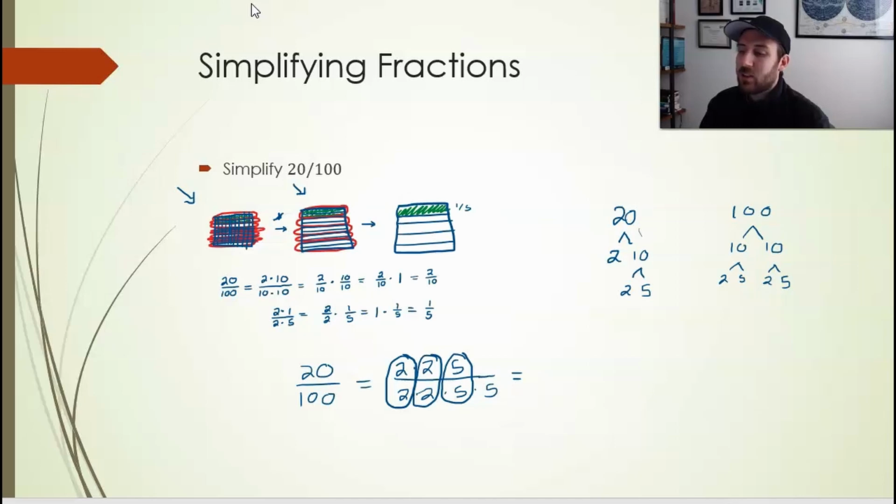And so if we look at the 2 over 2 and the 2 over 2 and the 5 over 5, these are all just hidden 1s, similar to when we said that 2 halves is a hidden 1. So that means that all of these are just 1s. This is 1 over 1 times a 5. And that means that we can simplify this to be 1/5. This is a very useful strategy, and it's important that we always try to simplify our fractions because they allow us to recognize connections in math between different stories and concepts that might appear different but actually mean the exact same.